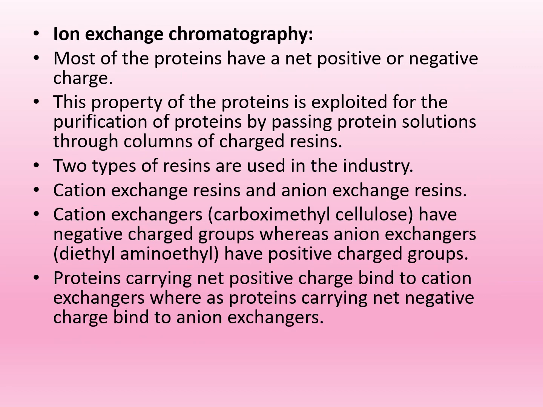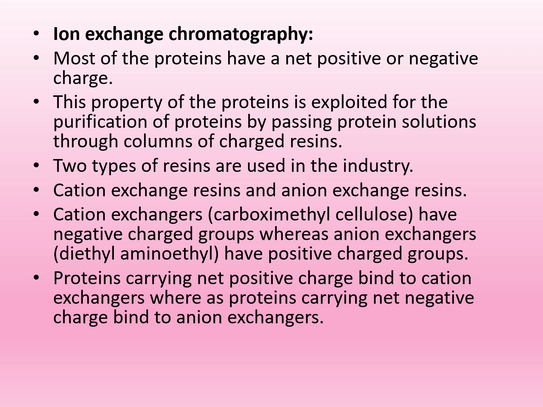Next method is the ion exchange chromatography. Most of the proteins have a net positive or negative charge. This property of the protein is exploited for the purification of proteins by passing protein solution through columns of charged resins. Two types of resins are used in the industry: cation exchange resin and anion exchange resin.